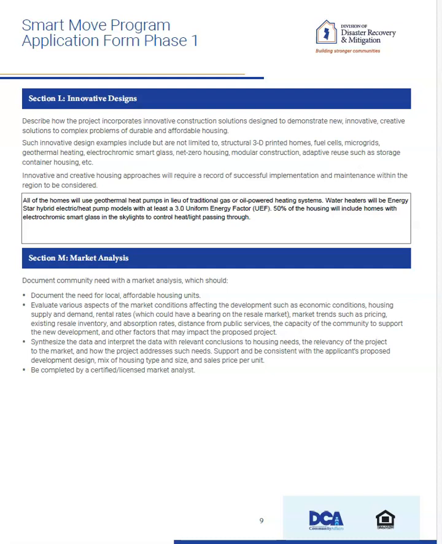Through the market analysis, applicants may demonstrate the reduction in the affordable housing stock as a result of the disaster or buyout programs that are designed to reduce future risk. Market analyses must support the proposed development design and housing types and sizes outlined in your site plans and schematics. The analysis must be completed by a certified licensed market analyst.